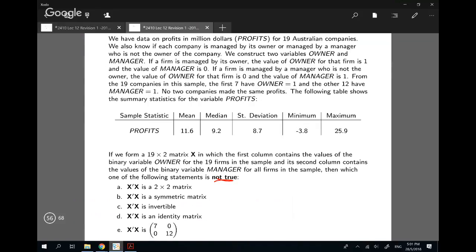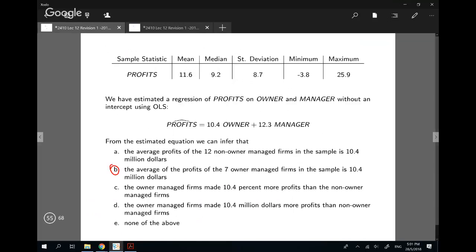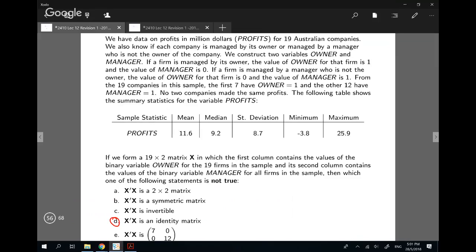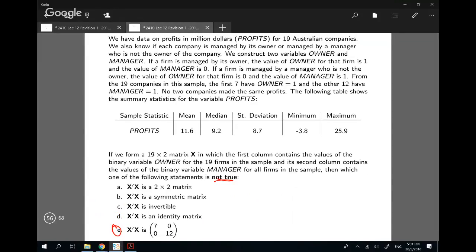D, E. E, so X prime X is 7, 0, 0, 12. Okay. Let's see. Oh, so it's D, identity matrix. So why is that not true? Okay, let's see.